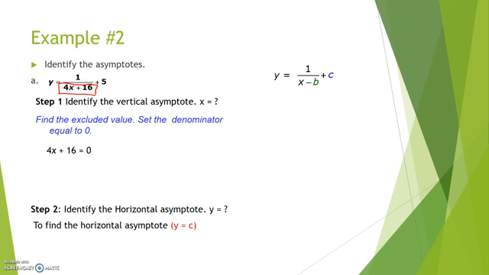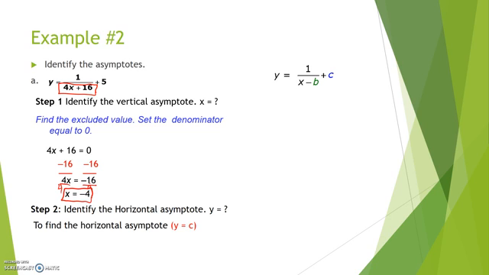So I'm going to do 4x plus 16 equals 0. I'm first going to subtract 16 from both sides to get 4x equals negative 16. And then I'm going to divide both sides by 4 to get x equals negative 4. So my x is going to be negative 4.